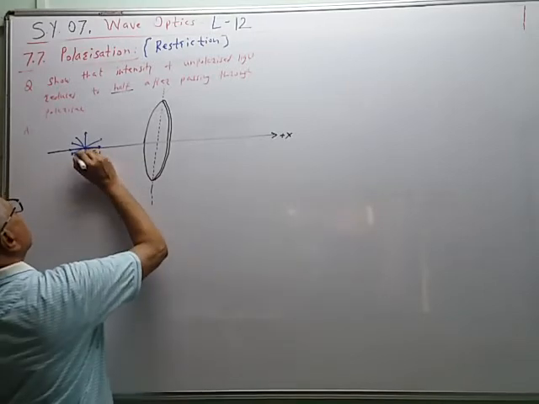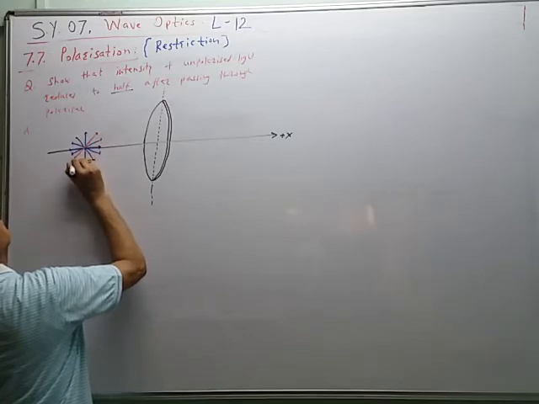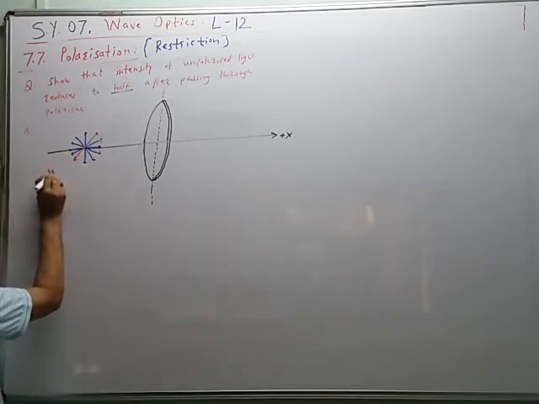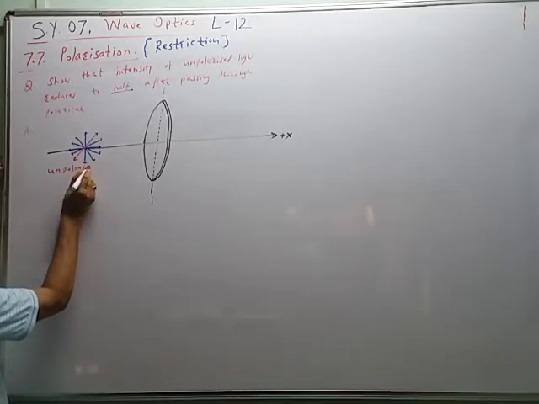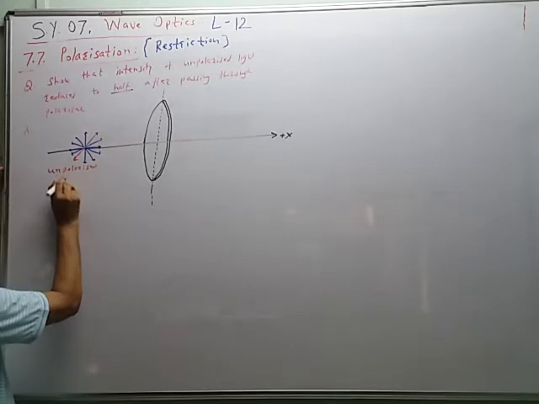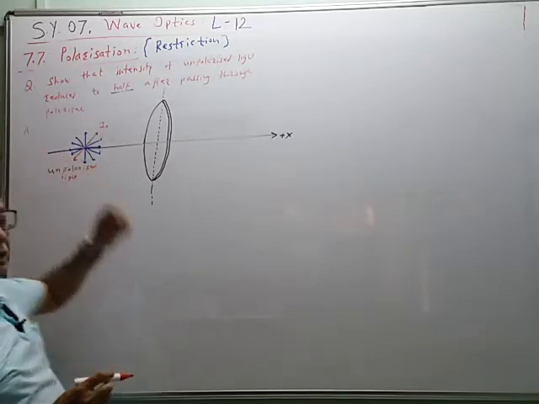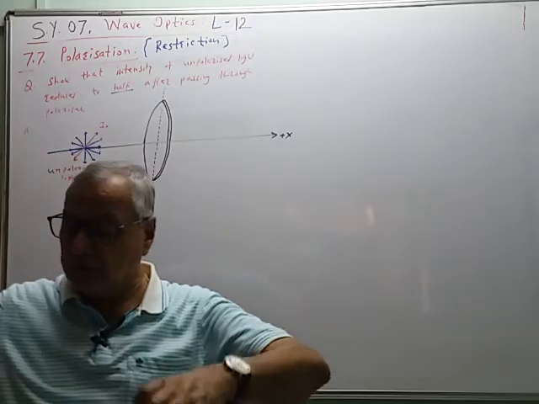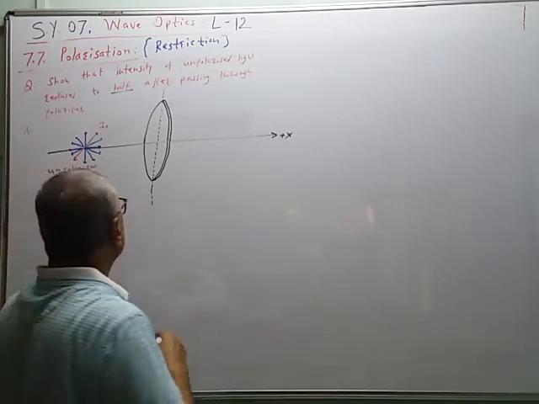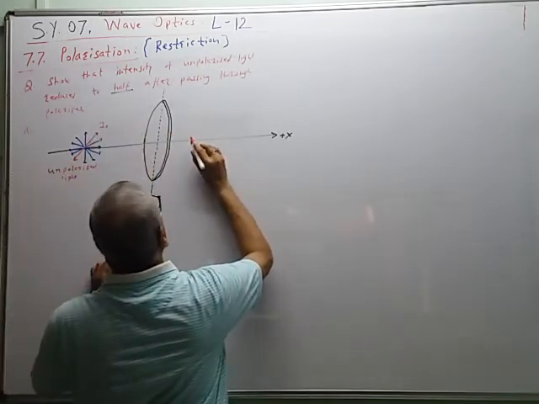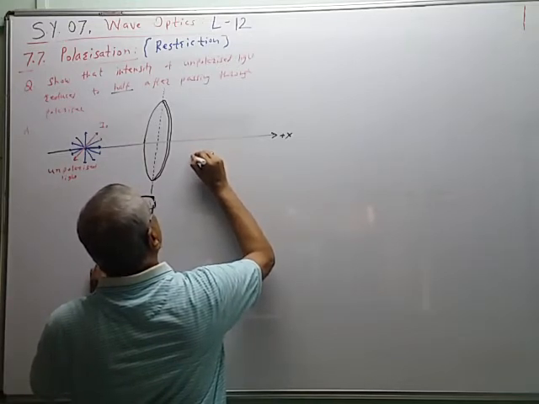This one electric vibration I am showing by red color particularly. So this is unpolarized light of intensity I. After passing through the polarizer, we get plane polarized light. So we are considering only one ray shown by red color.